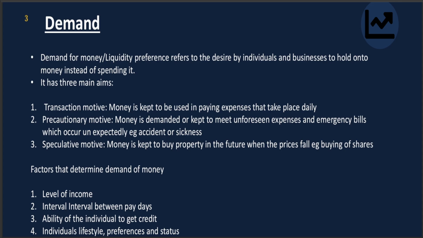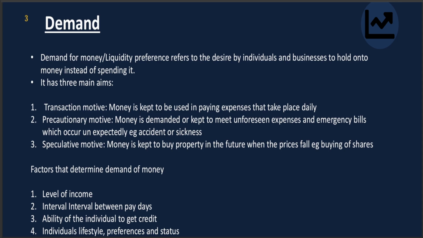Now the second part is the precautionary motive. Money is demanded or kept to meet unforeseen expenses and emergency bills which can occur unexpectedly, for example accident or sickness. So sometimes mzee wako aweza kuwa mgonjwa ama wewe ukawa mgonjwa, and you need money for that, and that is why we keep money.